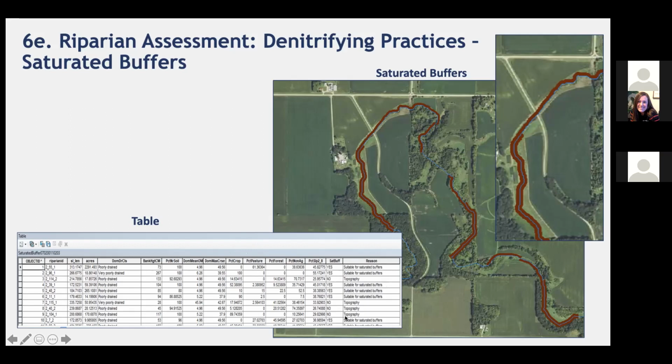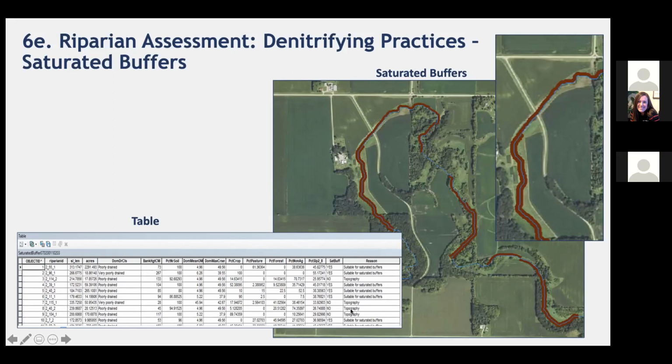You can also see that for polygons where the saturated buffer is not suitable, there's also a reason why. So here, there's an indication that the saturated buffer would not be suitable because of some challenge with topography, whether that's steepness in the area adjacent to the stream, or another factor.